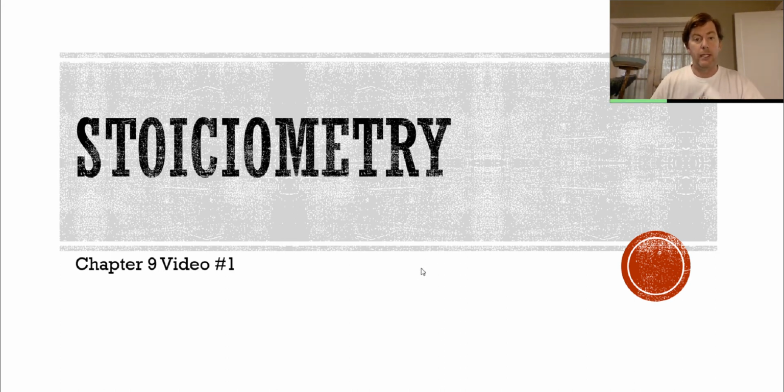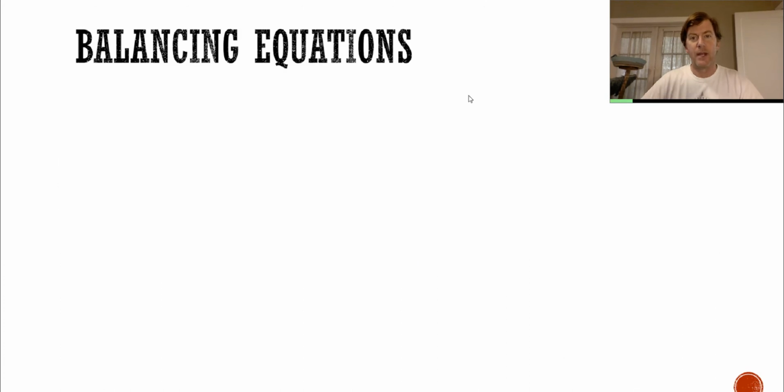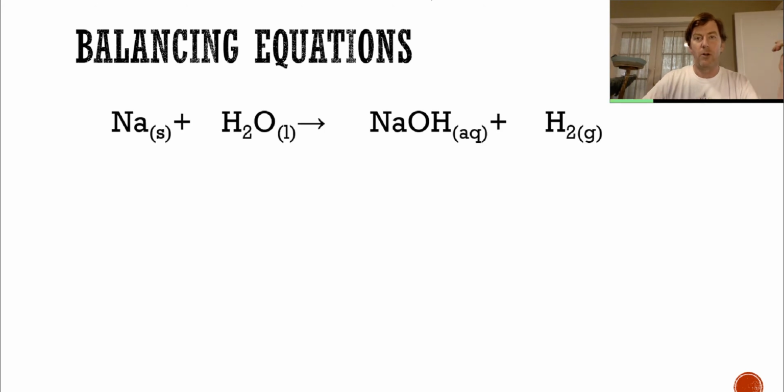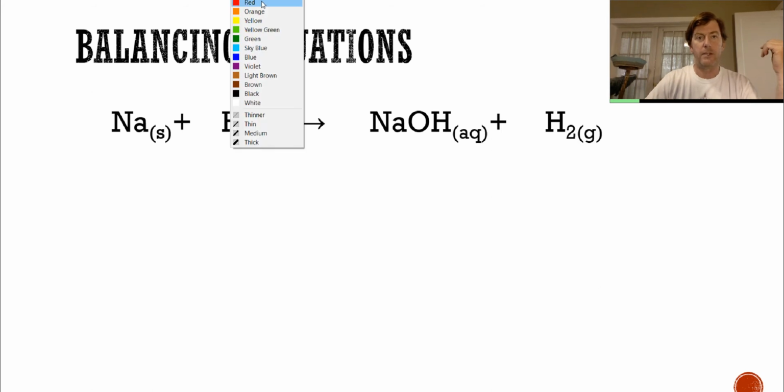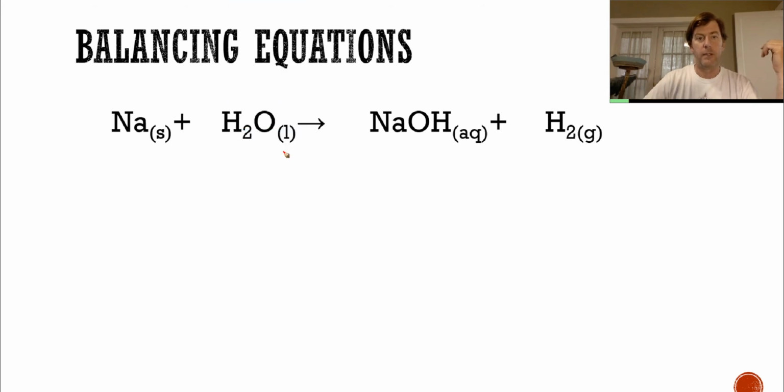So starting off here, I'm going to try to go through things a little fast so I'm not taking up too much time. The first thing you always have to have for stoichiometry is a balanced equation. We've been balancing equations like this. I've got an odd number of hydrogens here, so I'm going to have to double this and make that an even number.